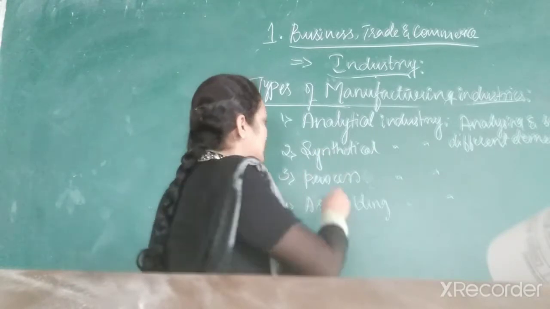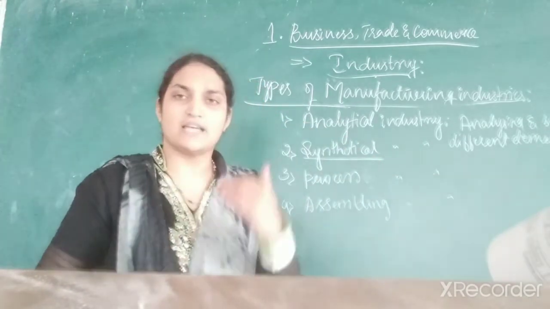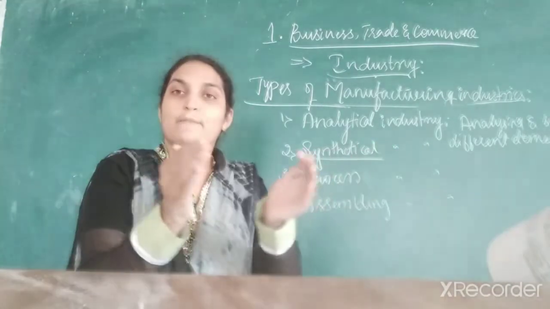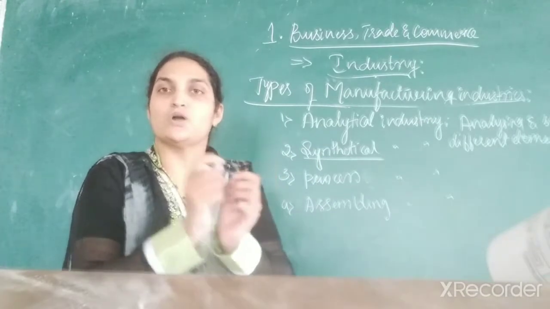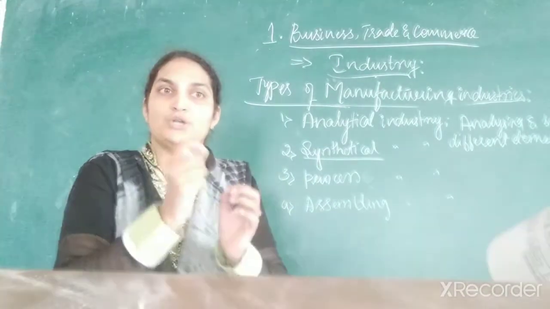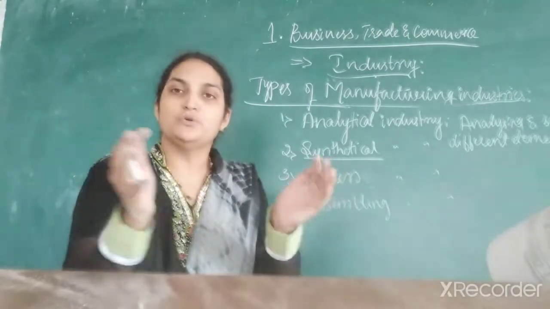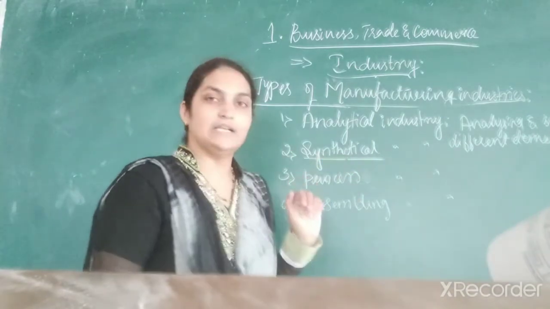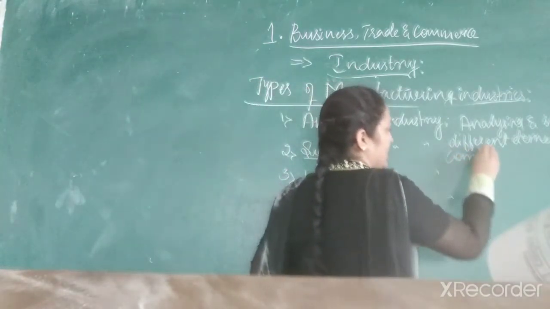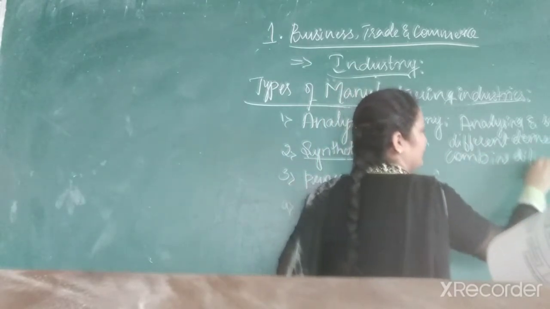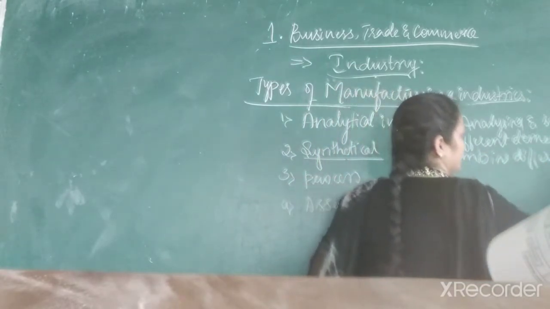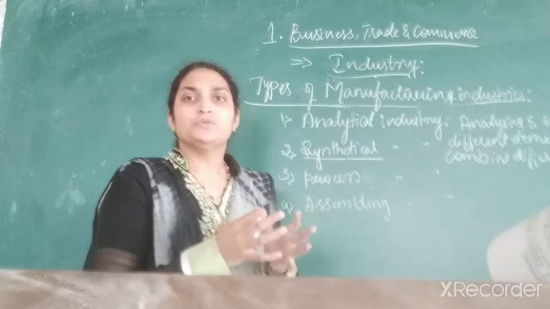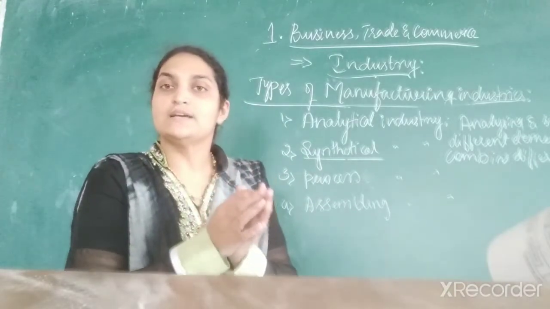Next one is synthetical industries. Synthetical industries here refers to those industries which combine different ingredients in order to produce a single product. In order to produce a finished good, you are going to mix, you are going to combine different ingredients.